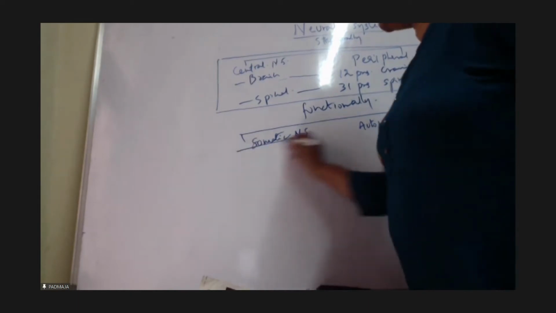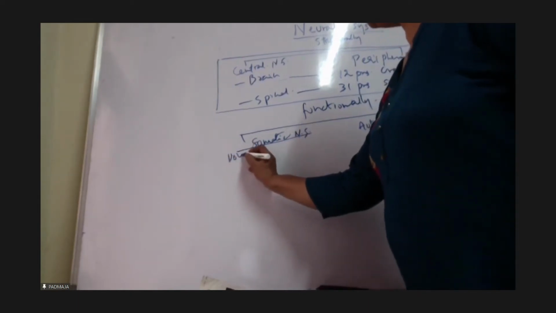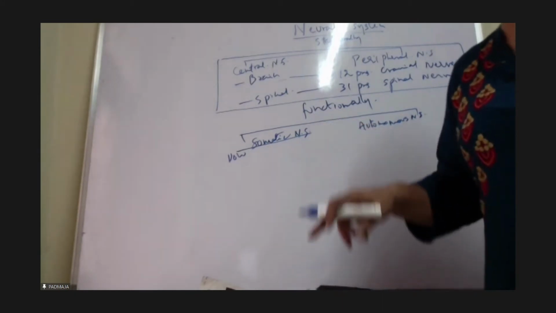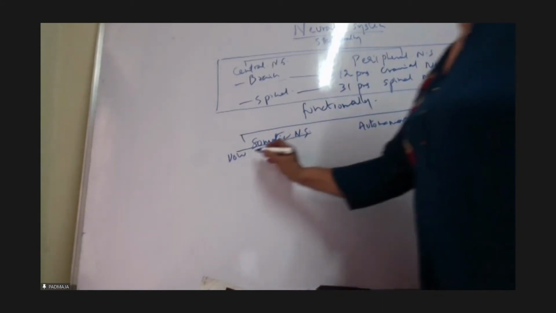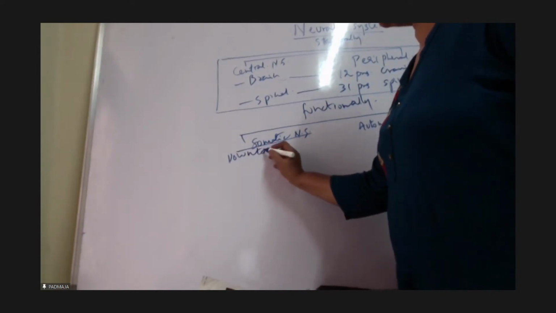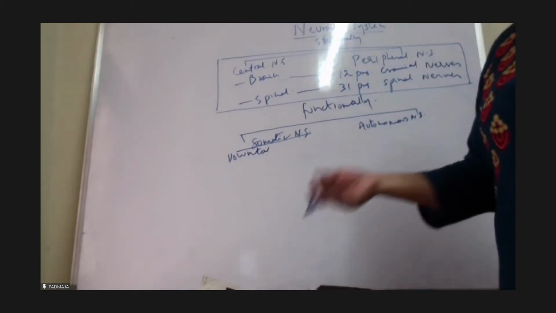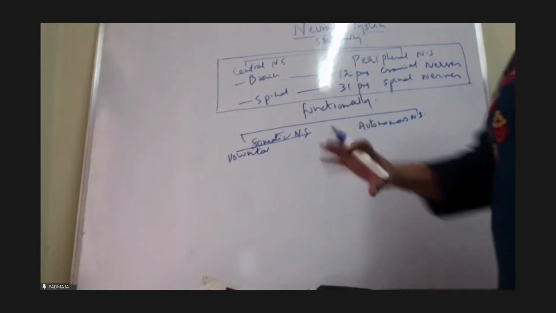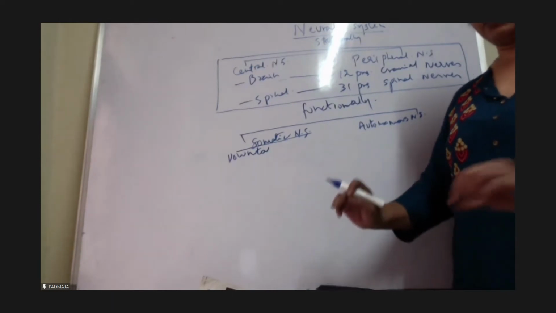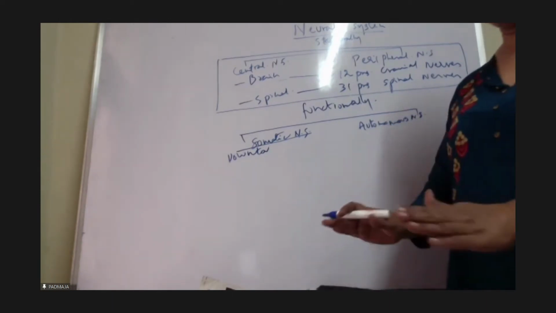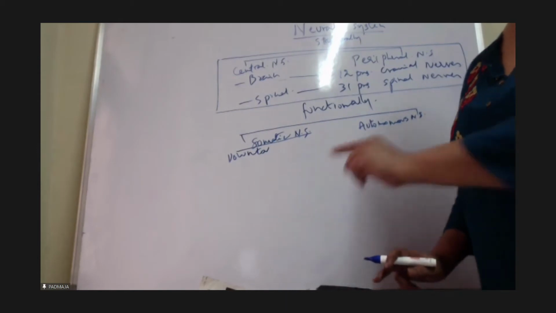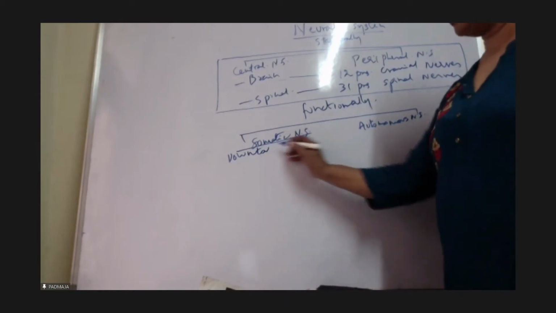Somatic means voluntary. Whatever activities you are doing which are under your voluntary control are classified under the somatic nervous system. Like moving your hands, legs, body, eyeball, jaws, neck muscle, tongue muscle, whatever you want to move, that is under the control of the neural system we have categorized as somatic neural system.